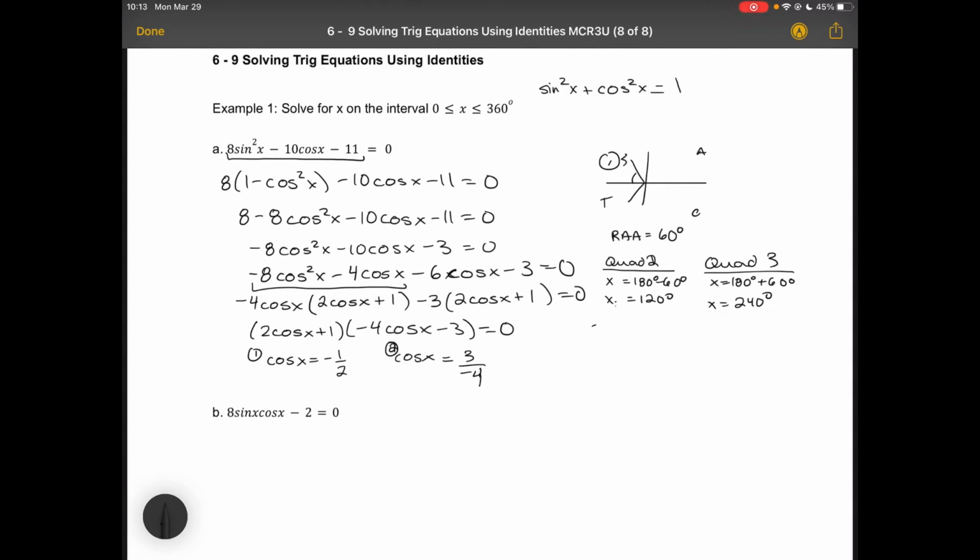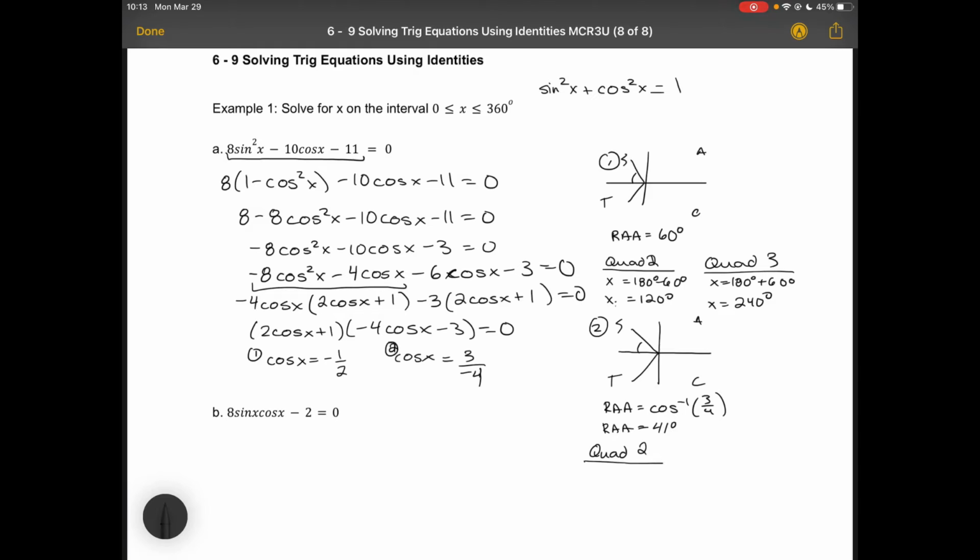Now I need to solve my next equation, which is cos x equals 3 over minus 4. So I'm in the same quadrants, 2 or 3, but this time my related acute angle is not from my special triangles. So I'm going to have to use my calculator to figure this one out. I've got the cosine inverse of 3 over 4, or 0.75. So my related acute angle is about 41 degrees.